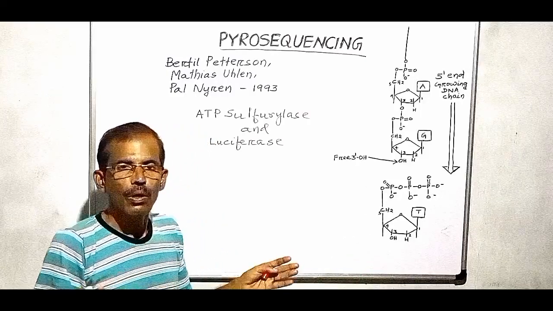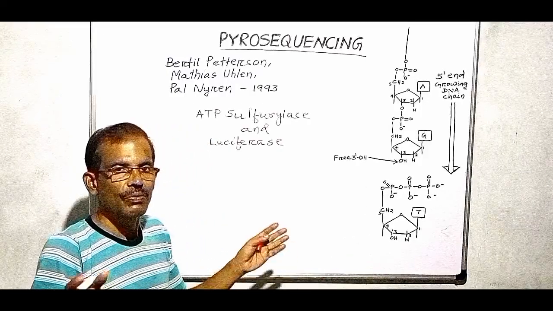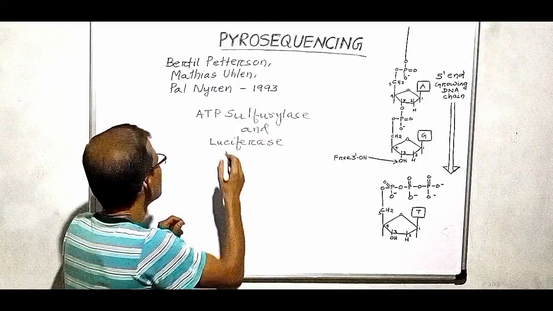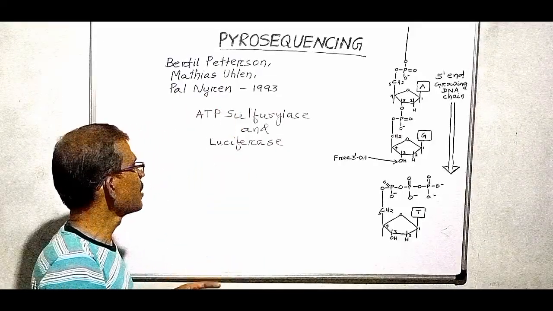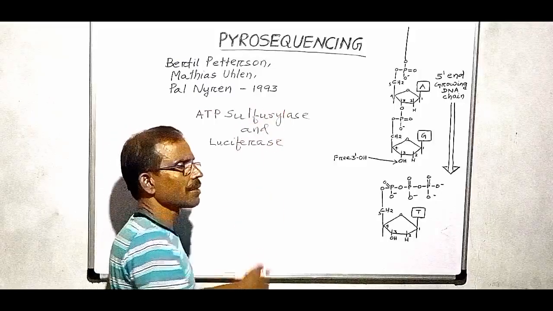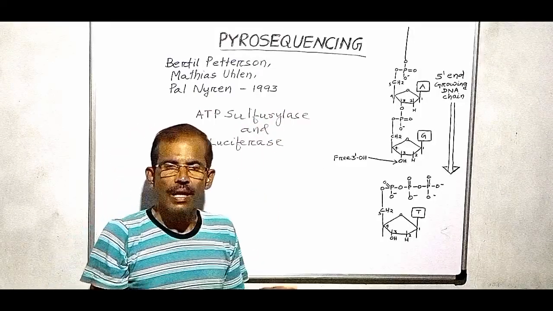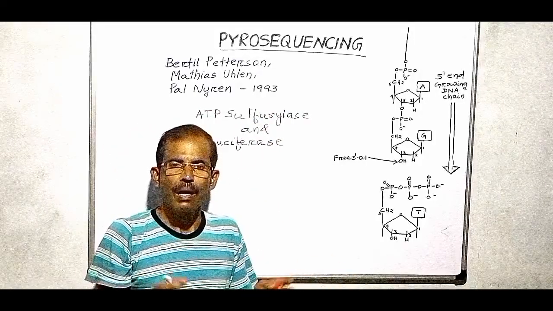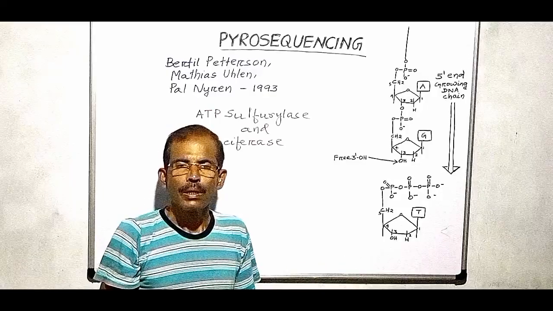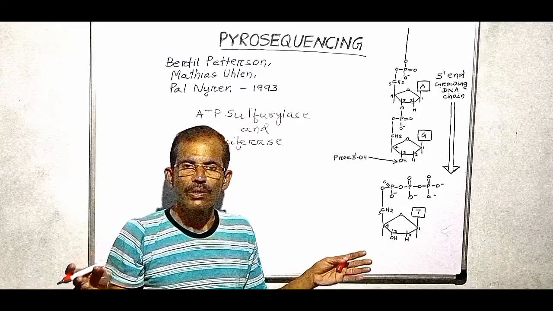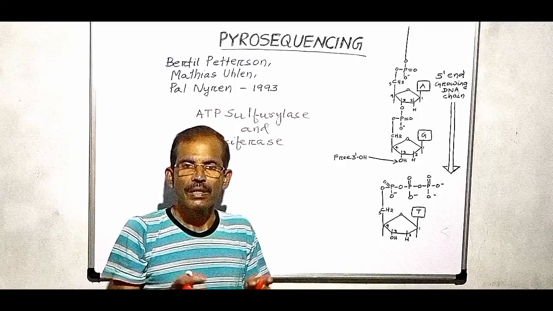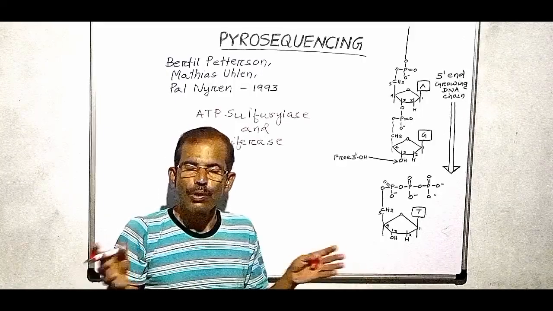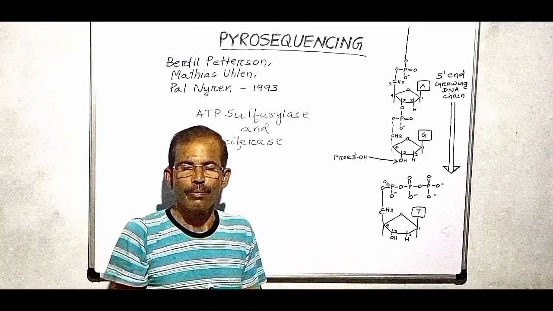The principle of pyrosequencing was first described by Bertil Pettersson, Mathias Uhlen and Pal Nyren in 1993. Instead of using fluorescently labeled nucleotides, pyrosequencing monitors the process of DNA synthesis by detecting the byproducts of nucleotide incorporation.